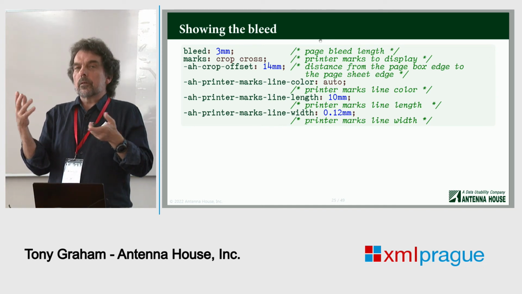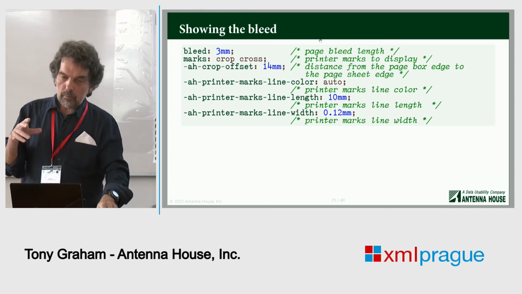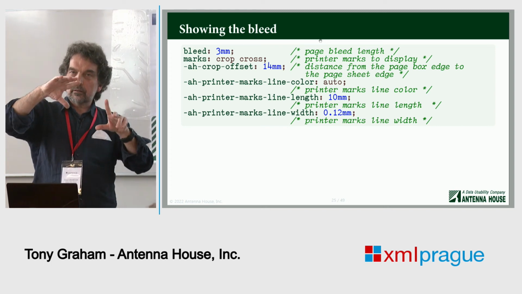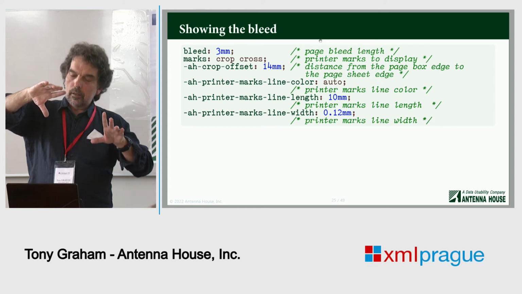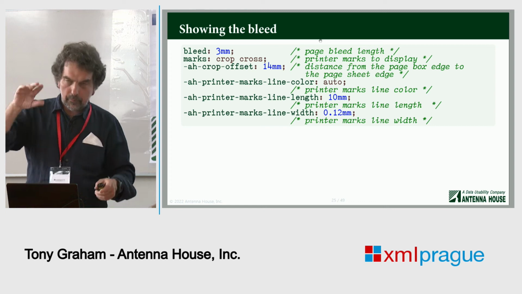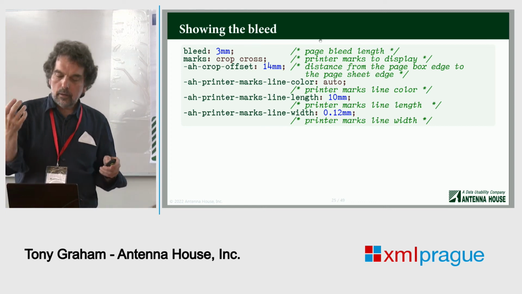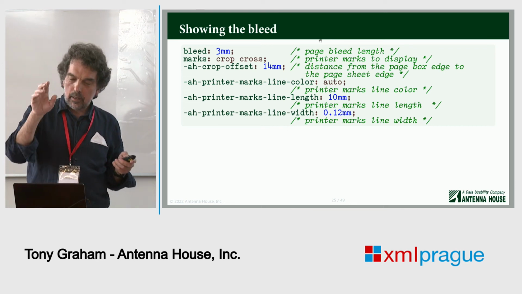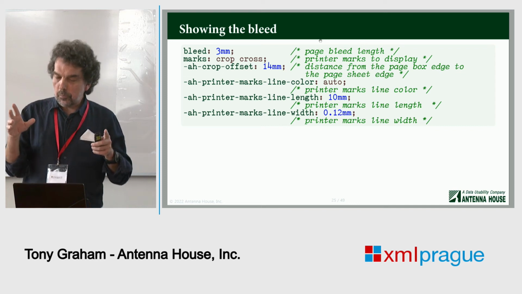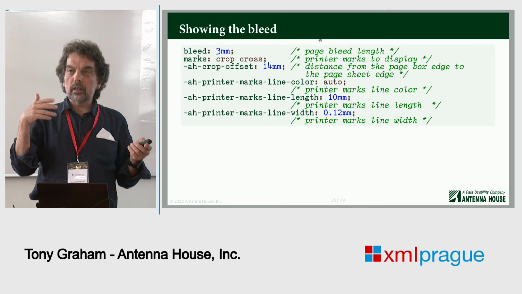Because PDF, if you're producing PDF, has more of the page. There's the page area, there's the bleed area, and then there's a crop area. And there are boxes in the PDF page model that PDF understands, your printer will understand, so that you can produce pages that include the bleed area.